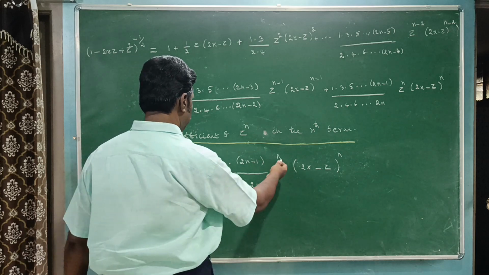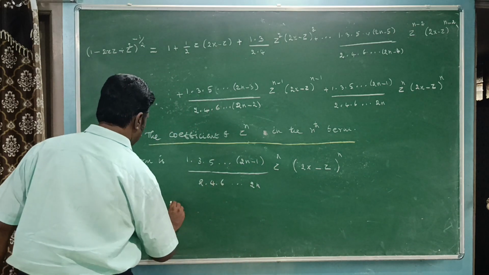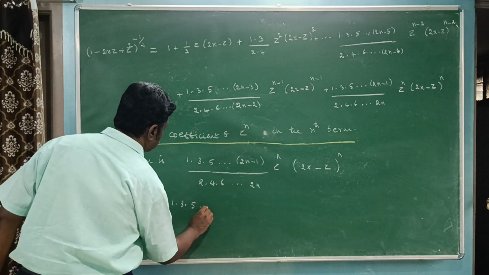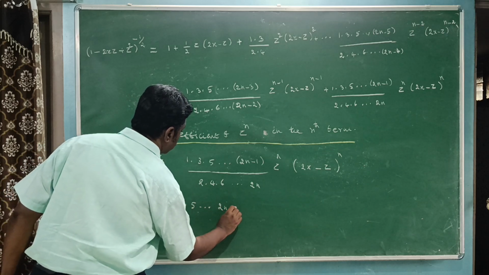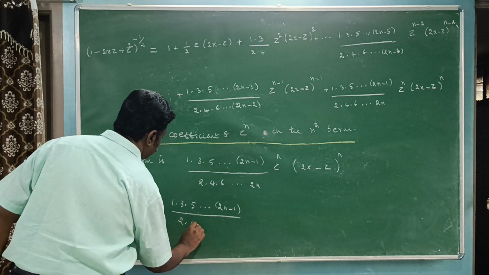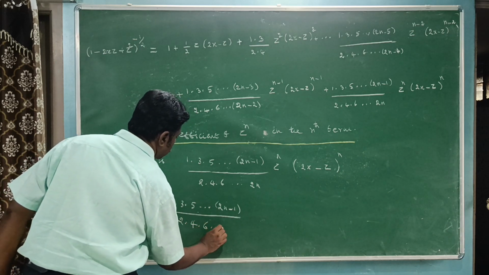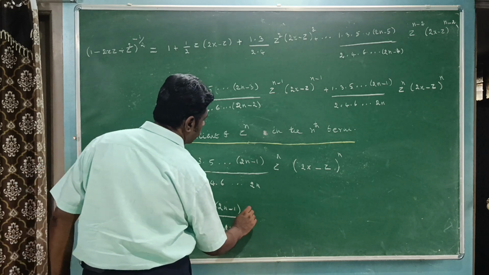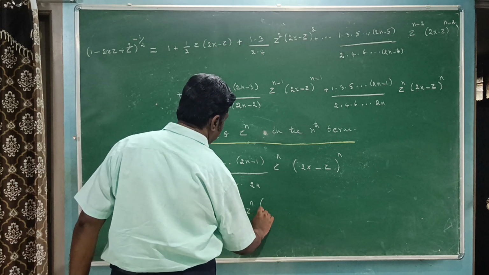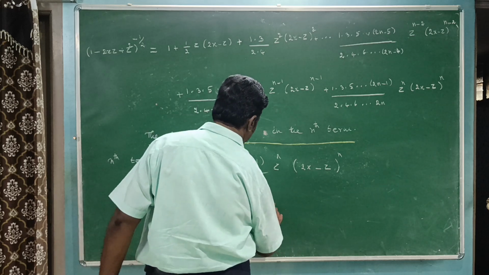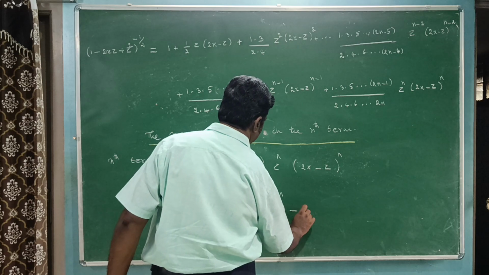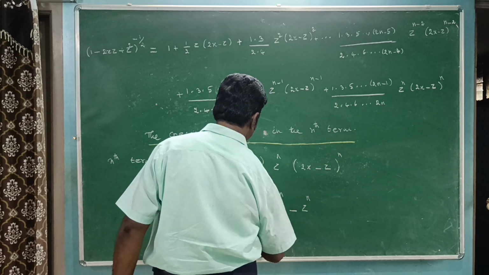This is actually (1·3·5···(2n − 1))/(2·4·6···2n) z^n into ((2x)^n − z^n).